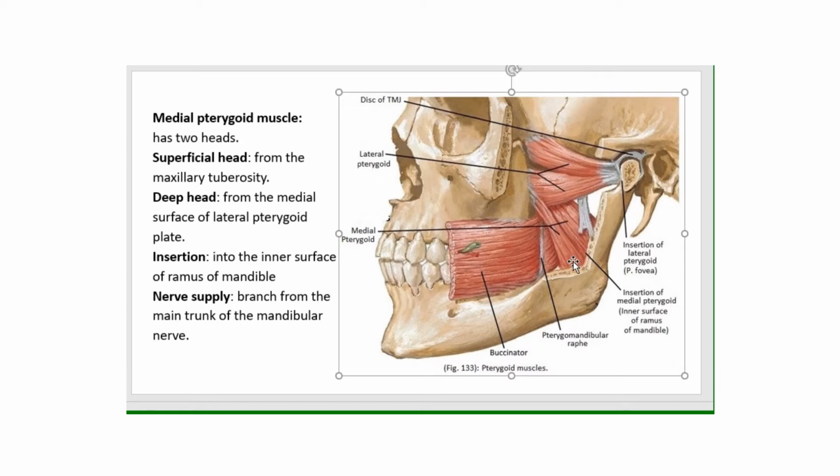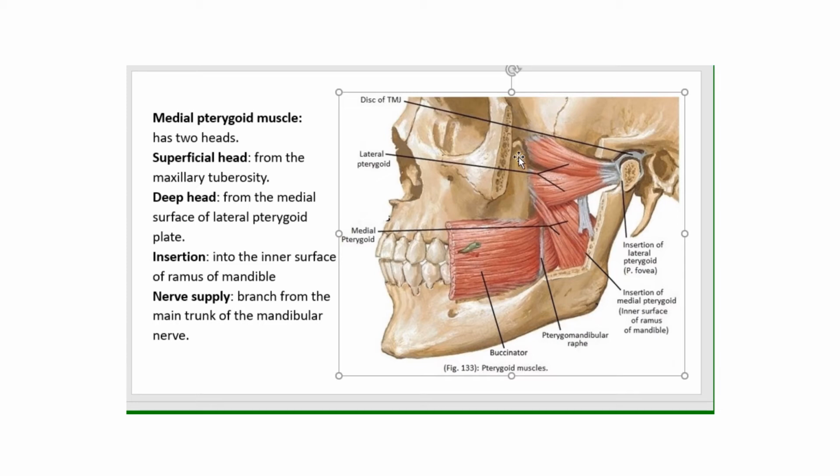But these nomenclatures are agreed on among all anatomists. This is the lateral pterygoid muscle. It has an upper head and lower head. This is the medial pterygoid, which has a deep head and superficial head.